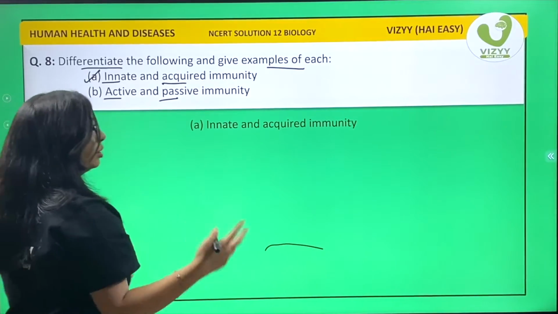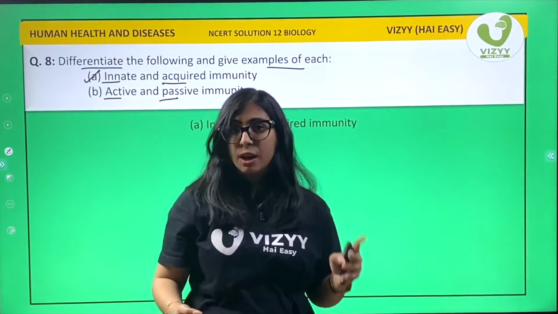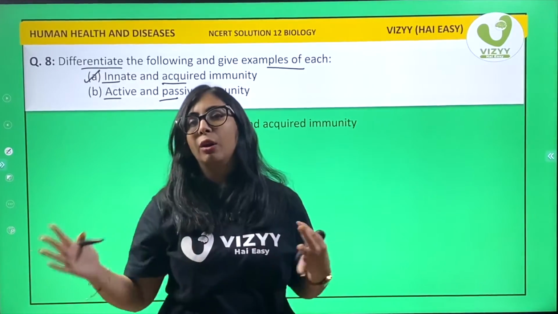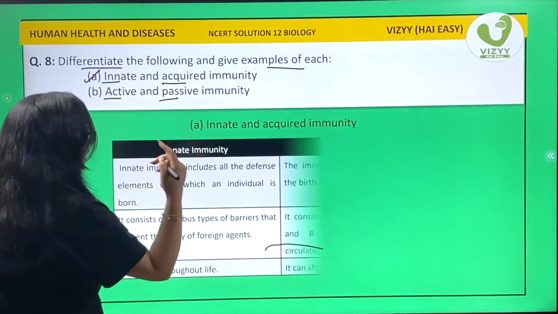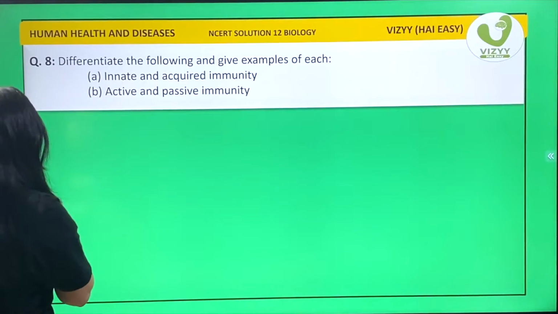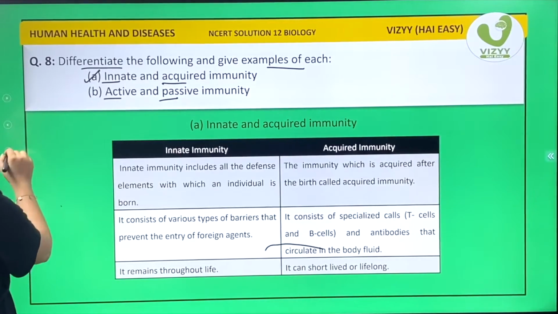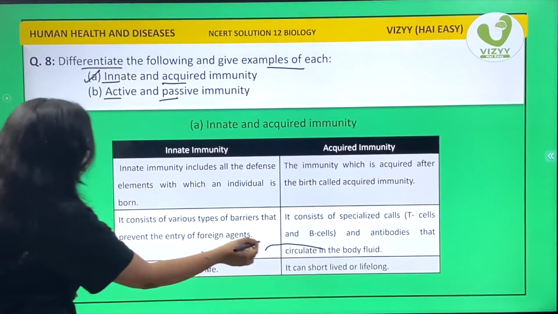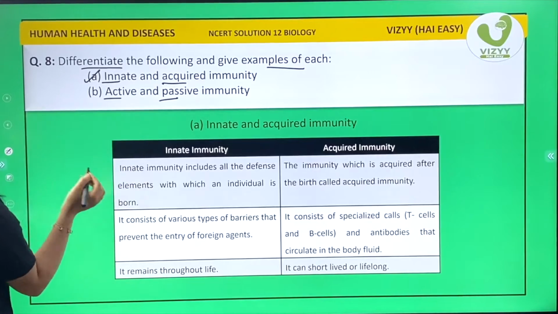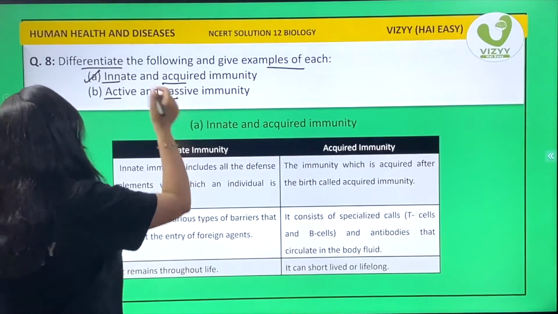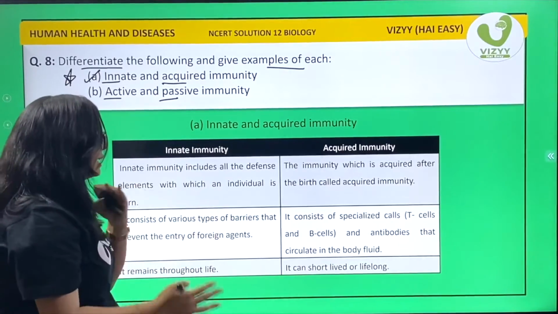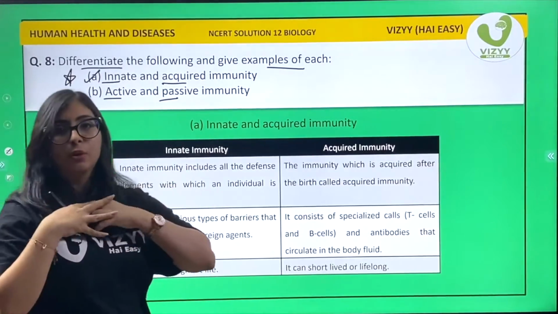Innate and acquired. We are going to do the difference in 2 ways. One is the classical way. The other one is we are going to categorize it and make columns. Let's start. Innate immunity. This is a very interesting topic, students, and a very important one as well. Innate is something a person is born with.